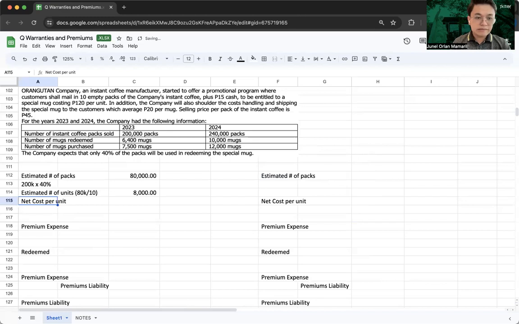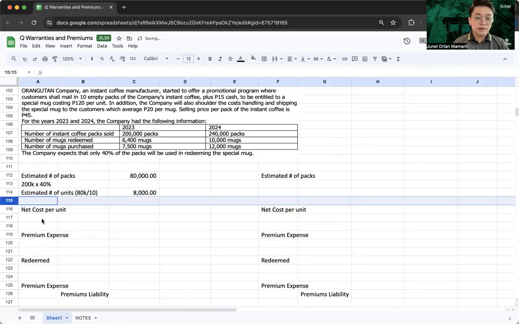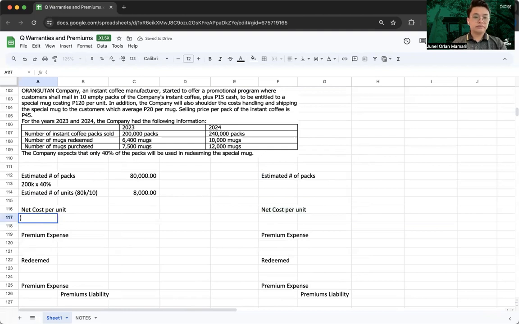And the net cost per unit, ito na naman po tayo. Ano? That would be the cost. The cost is 120. Okay. The transfer cost is 20. And the customer will pay at 50.